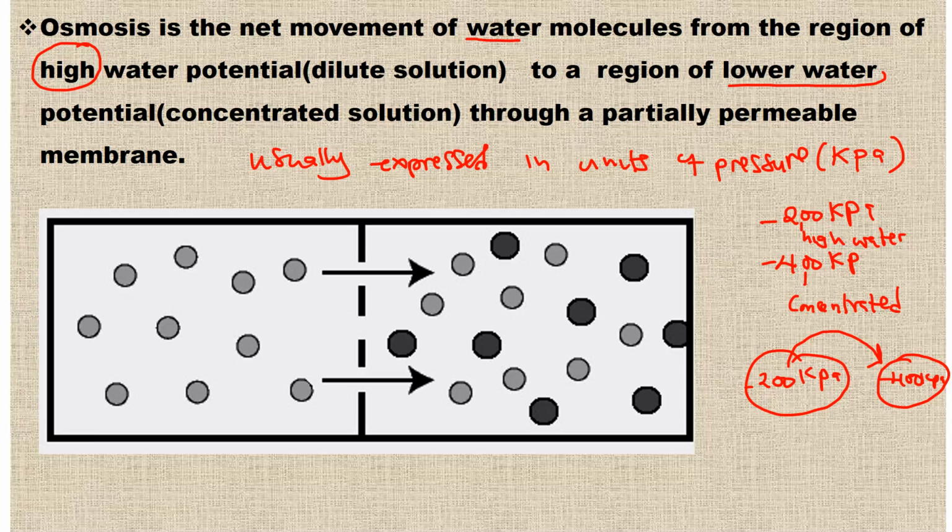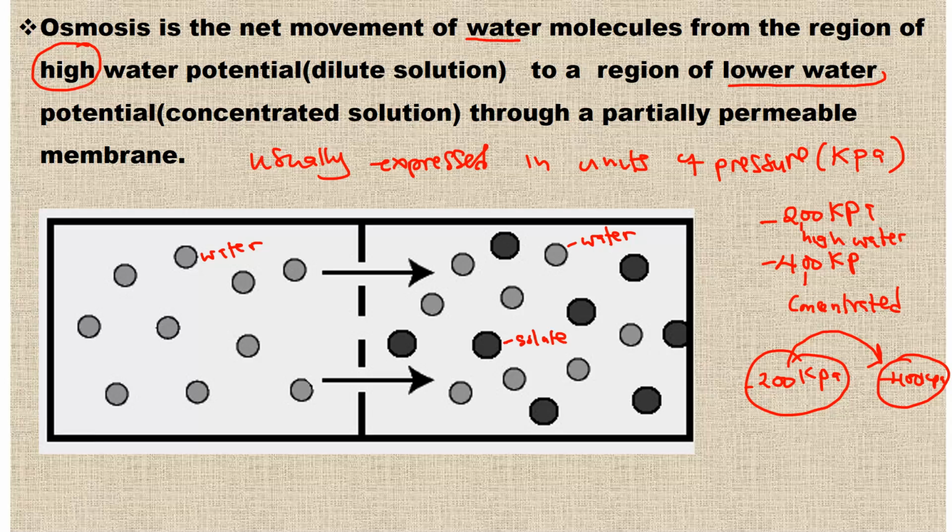All right, now this is the demonstration of osmosis. Here, these dark ones we are going to put as solute, and these are water molecules. Look at this side: you have a lot of water molecules, only water molecules.